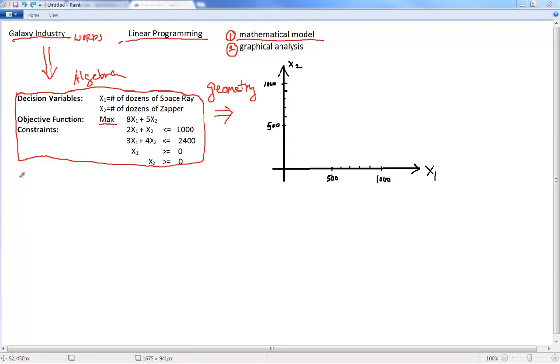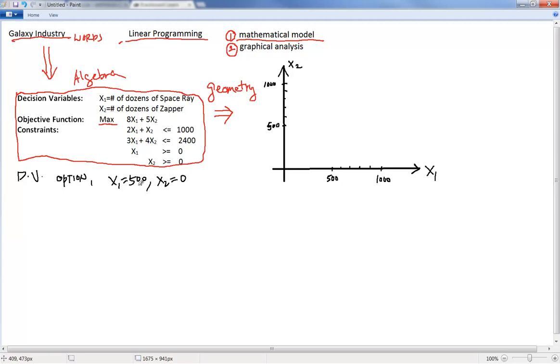Let's now first look at how to interpret or translate decision variables. Here I use DV to abbreviate decision variable into geometric representation. So earlier our first option, if you recall from the earlier video, option 1 calls for manufacturing 500 dozens of space rays and no zapper.